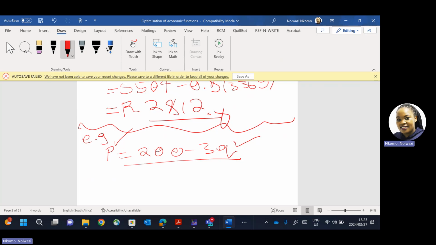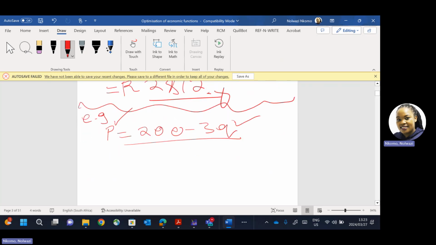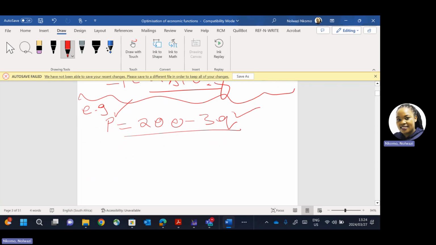Okay, what can we find from here using this demand function? We can find the total revenue, because we know that the total revenue is equal to price per unit times the number of units produced or sold.